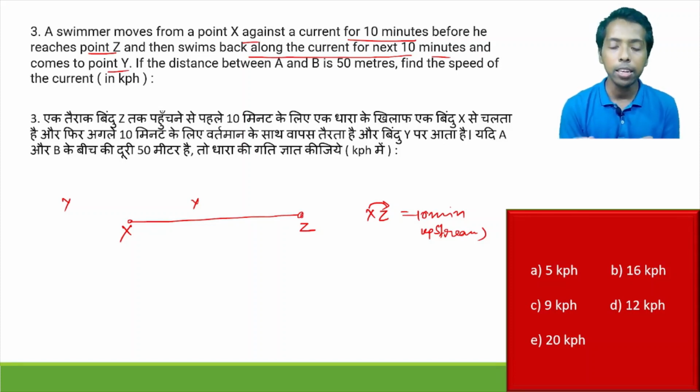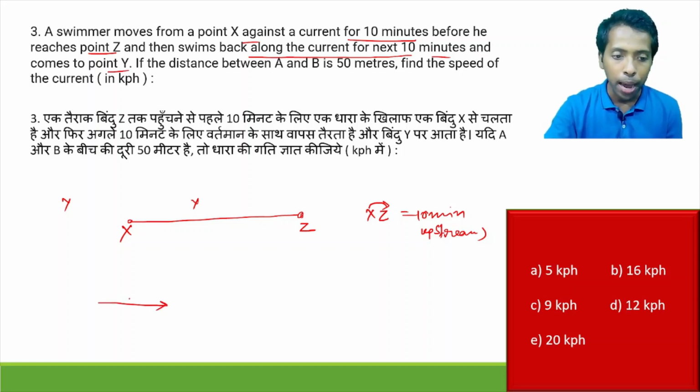In the second case, he moves 10 minutes along the current to Y. So if one person moves 5 minutes in a particular direction against the current, and again from this point moves 5 minutes along the current, where would he be?